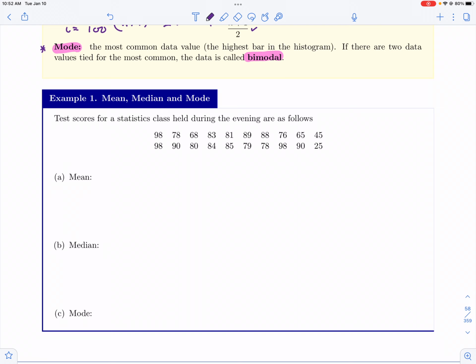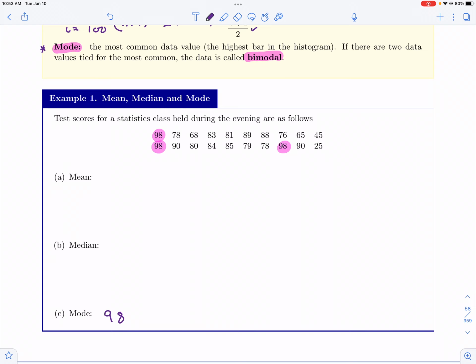So I see I've got a few 98s here. I've got a 98, a 98. I've got three 98s. And based on what I'm looking at, I don't see anything that has more of those. So with this one, it looks like our mode is going to be 98.